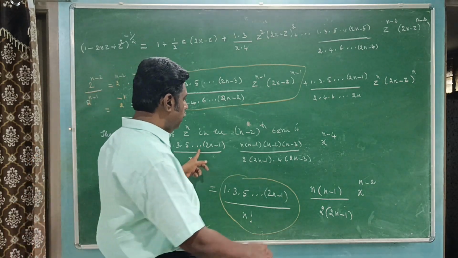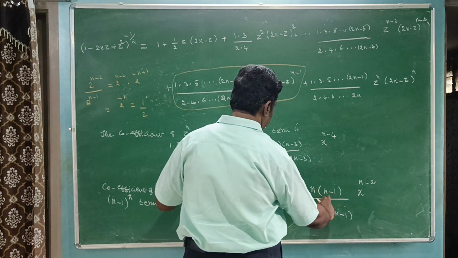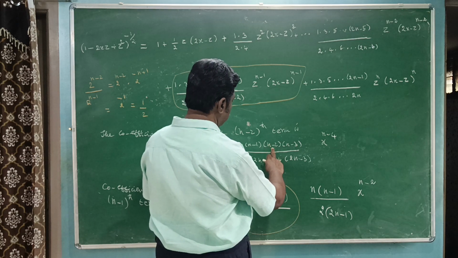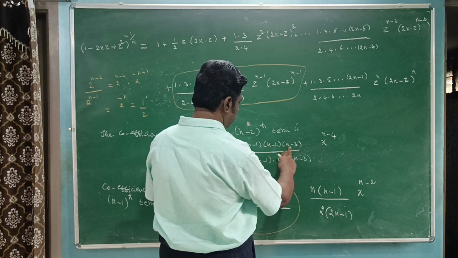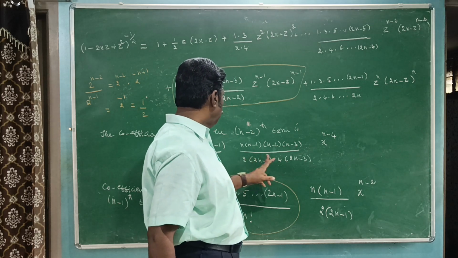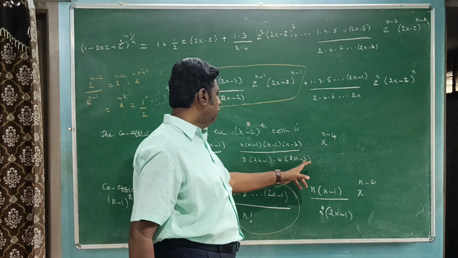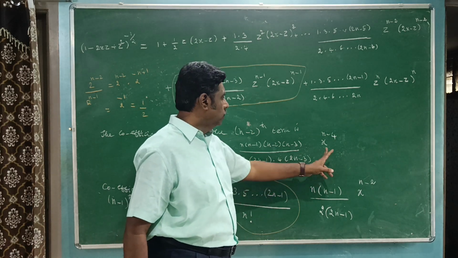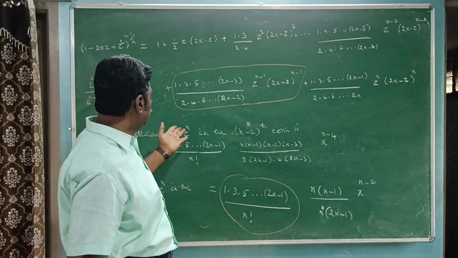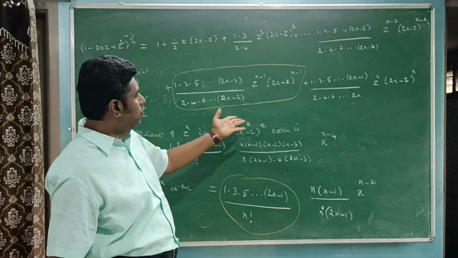Then write down this term, n into n minus 1 divided by 2 into 2n minus 1. We have to add n minus 2 and n minus 3 in the numerator, and the denominator 4 into 2n minus 3. This is multiplied by x power n minus 4. This is the value of the coefficient of z power n in the n minus 1th term.